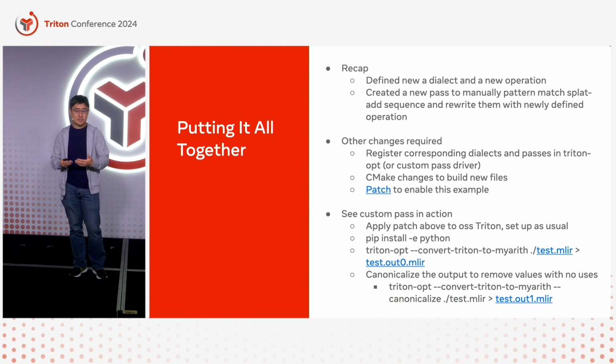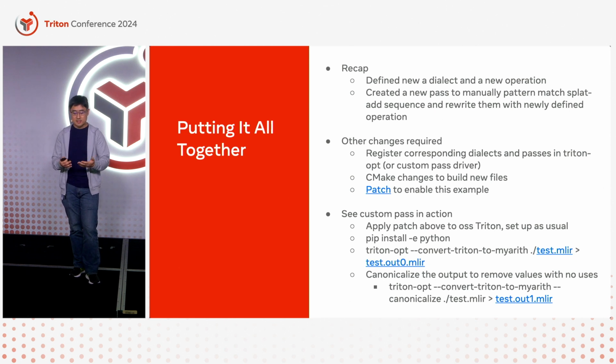What you will also notice, from the description so far, and also if you examine the first output, is that we never actually got rid of the operations that we're replacing, right? So we're replacing this splat add sequence. Those two operations are still in the first output file.